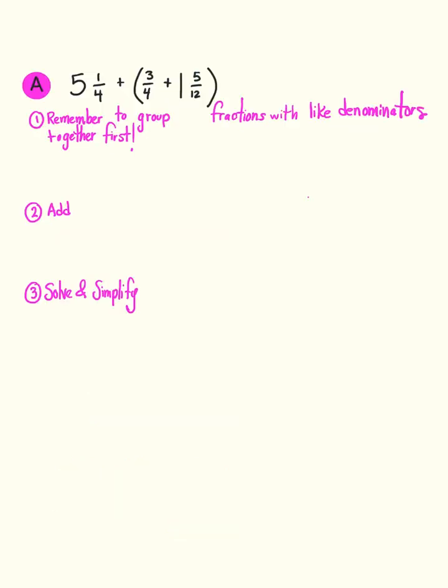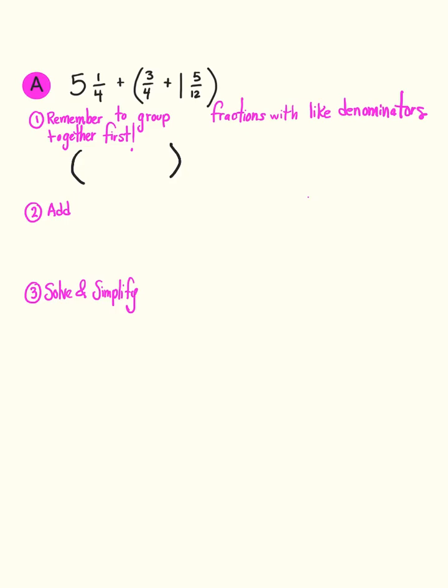Okay, here's another problem. I am going to kind of walk you through this, and then I'm going to have you solve it on your own. So number 1, part A, we have 5 1/4 plus 3/4 and 1 and 5/12. So first, you're going to group the fractions with like denominators together first. So you're going to put the two fractions that have the same denominators here.